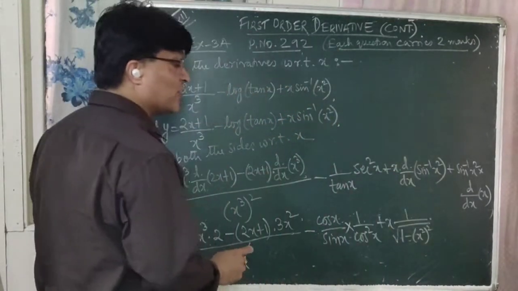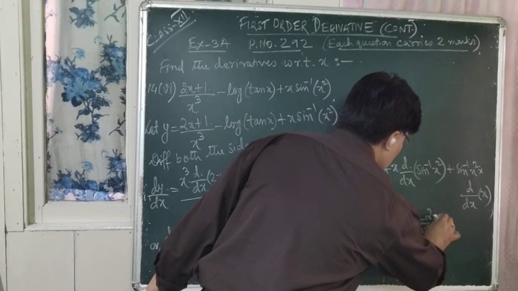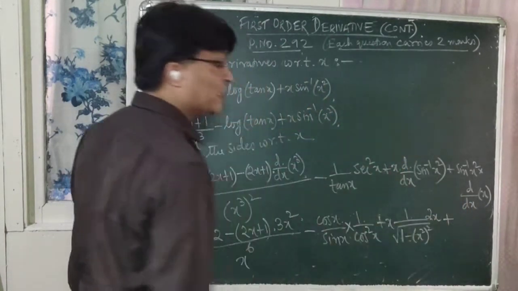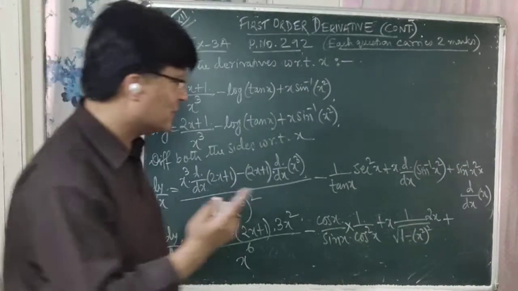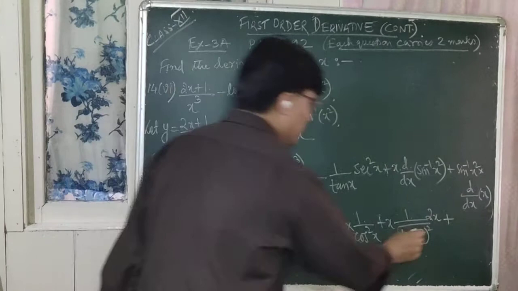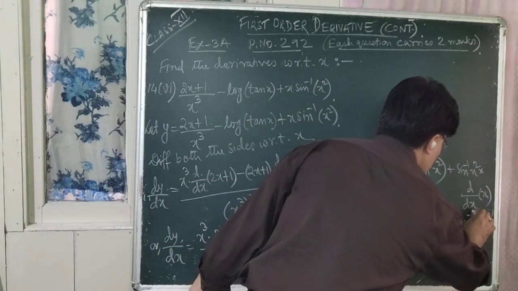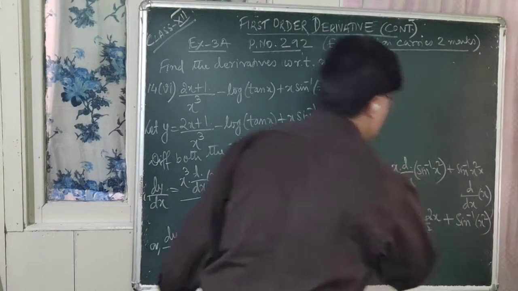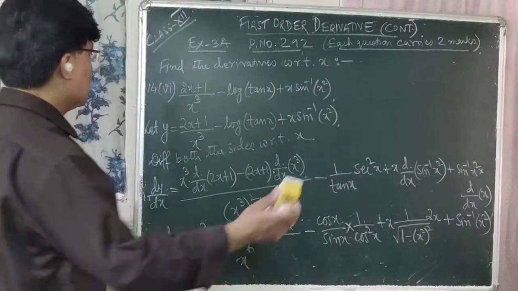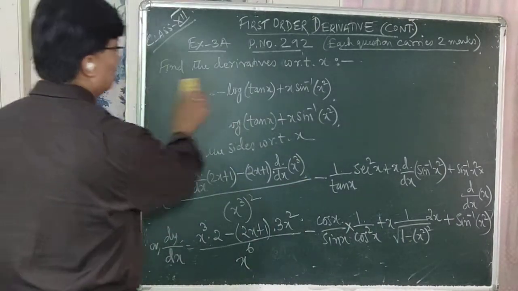So what is the differentiation of x square? It is 2x, right? Then plus, what is d by dx of x? That is 1. You know that, isn't it? d by dx of x is 1. So 1 into (sine inverse x) square. This is (sine inverse x) square. Is it clear now? So let us simplify it once again.